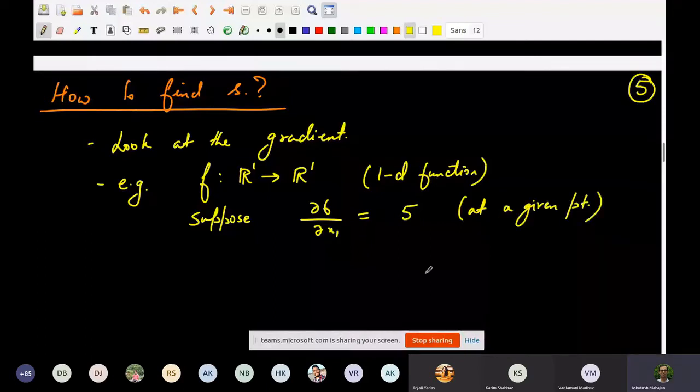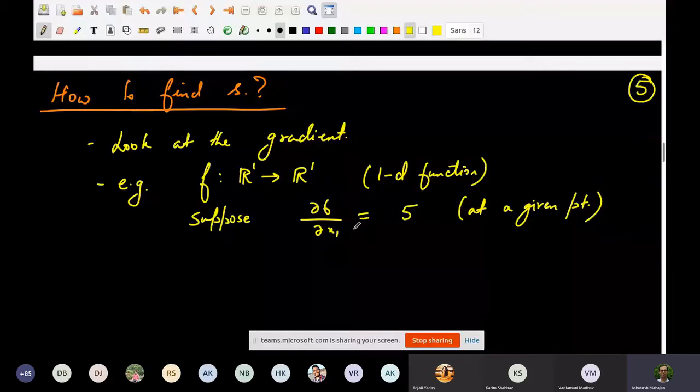So intuitively what it means is that if I increase x1 slightly by epsilon, then f is going to increase by 5 epsilon, and if I decrease x1 by epsilon, then the function is going to decrease by 5 epsilon.